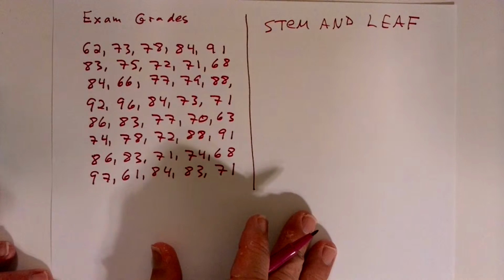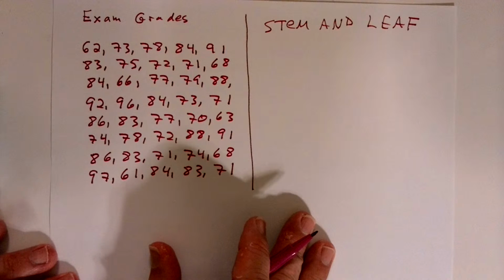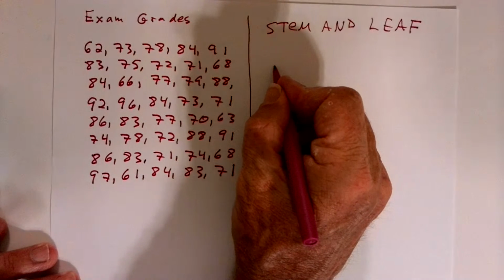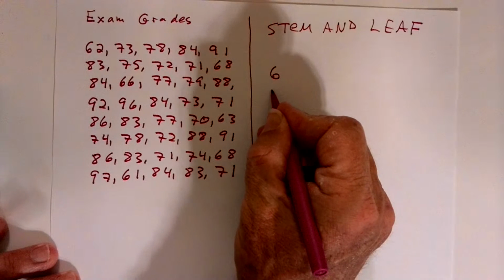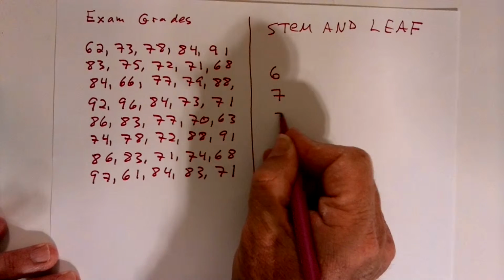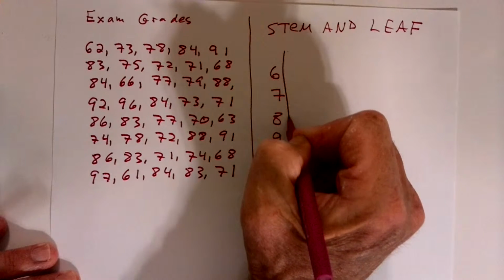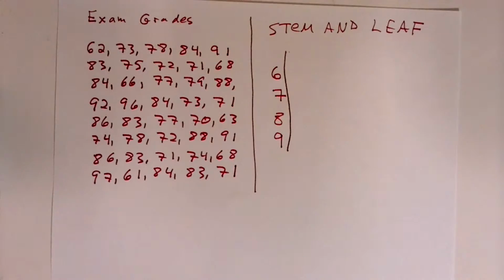And then from that, we can also create a histogram. So I see numbers in the 60s up to numbers in the 90s. So 6, 7, 8, 9. These are the stems. Now, what are the leaves?